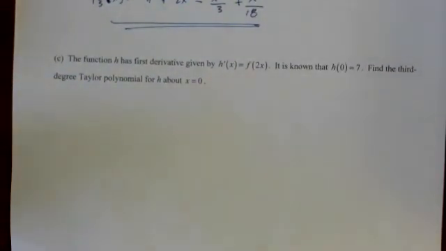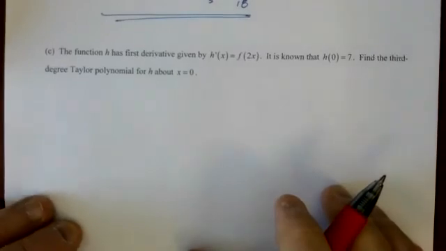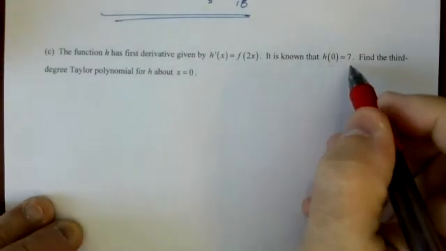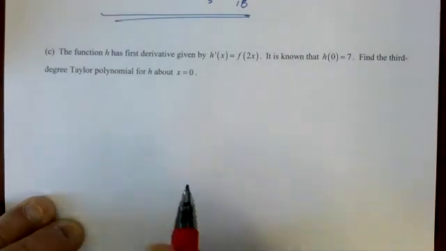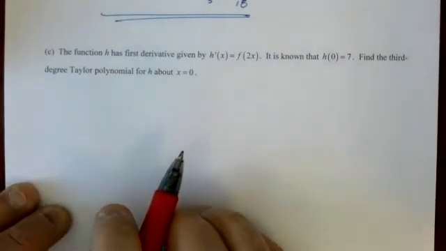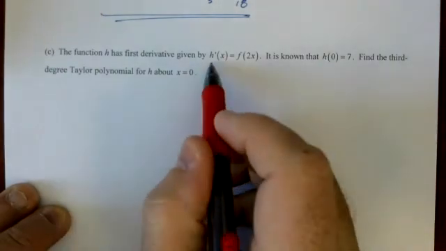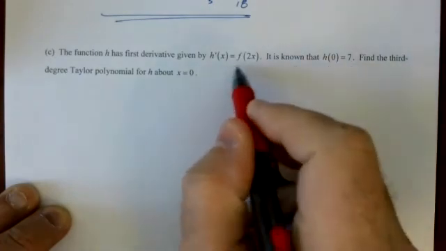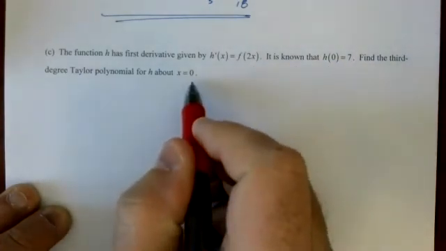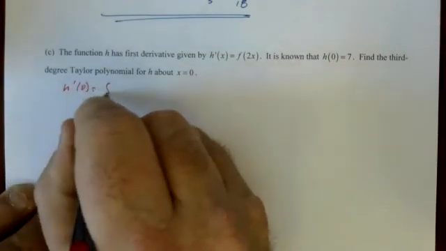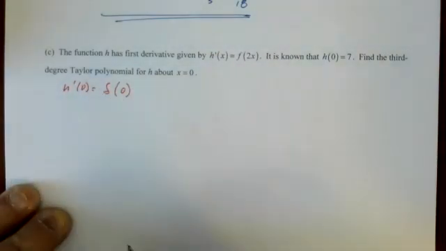And last but not least, function h has first derivative given by h prime of x equals f of 2x. Known that h of 0 equals 7, find the third degree Taylor polynomial for h about x equals 0. No idea what's going on. h prime equals f of 2x. All right, so they gave me the first term, they gave me the second one, find that at x equals 0. So h prime of 0 equals f of 0.